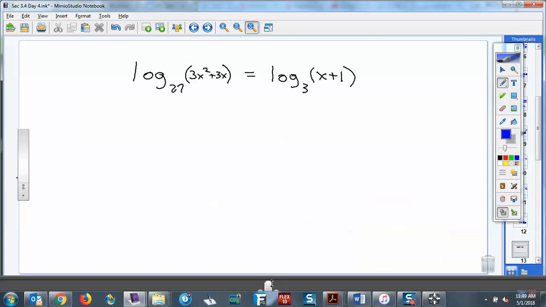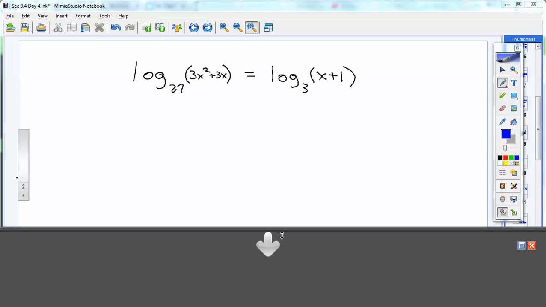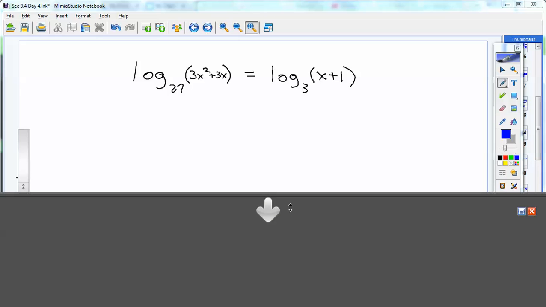Okay, so you guys try this one. Let's see how far we can get on this one. Very similar. So just follow kind of the same thing we just did. Now, if I were turning this into an exponential, I would use the 27 as my base.